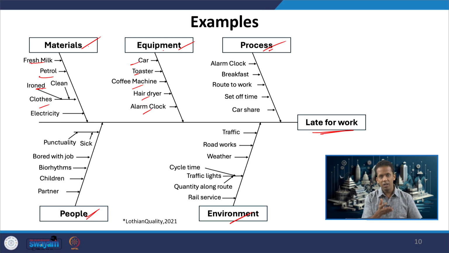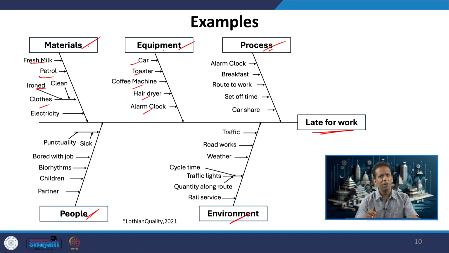If the employee comes by car, the car is one equipment, but for breakfast they use a toaster or a coffee machine. If it is not working, some time will go in fixing that machine. Hair dryer, if it is not working, hair won't be dried. Alarm clock, if it is not working, the person won't wake up.